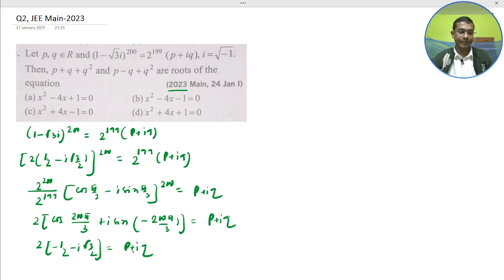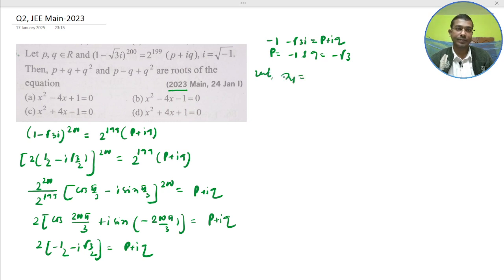So just solve here, you would get minus 1 minus root 3i would be p plus iq. So p would be minus 1 and q would be minus root 3.